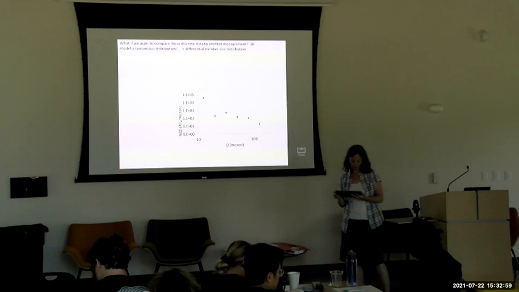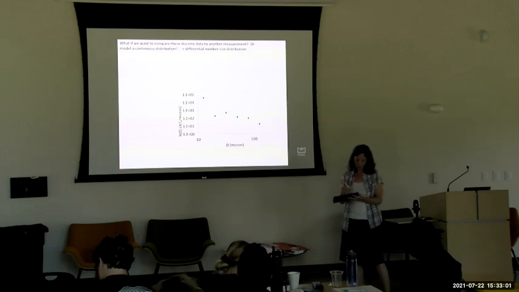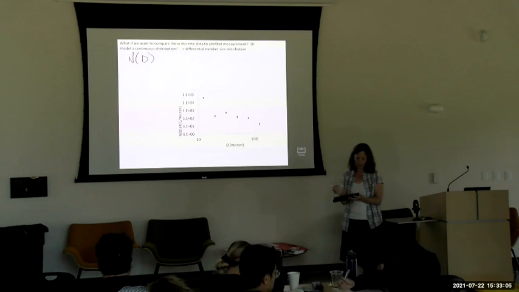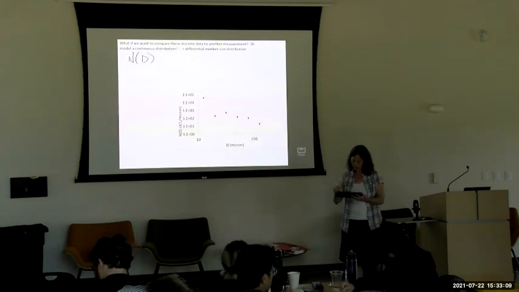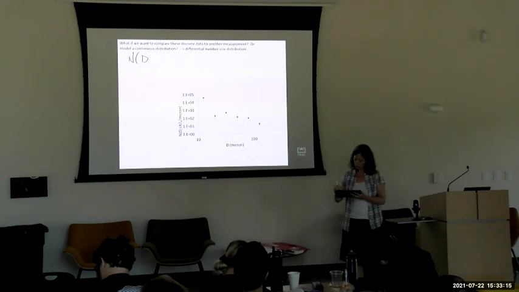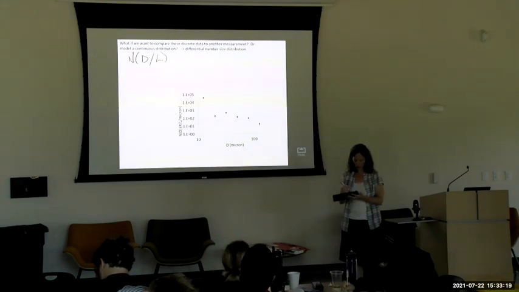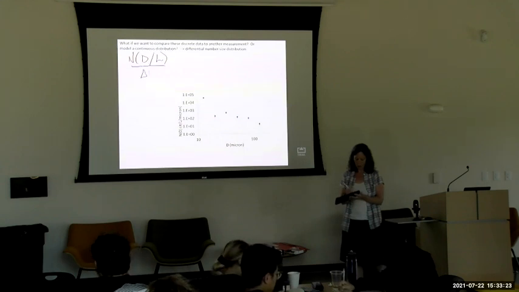So to get from our big N of D, that's sort of our raw counts as a function of size, and actually I'm going to do that per liter as well, since we're already in volume units here, we're going to divide by delta D, the size of our bin.